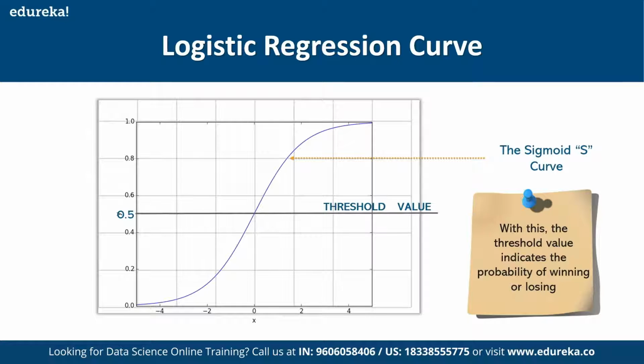Suppose you are predicting it's a cat, and you get maybe 0.65 or 0.7. It is above the threshold, so you assign the label cat. And suppose the value is around 0.4, 0.3 or 0.2, then you assign the label no, it's not a cat, it's a dog, or otherwise. So this is how it works.